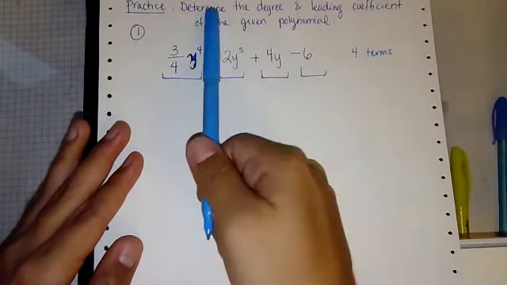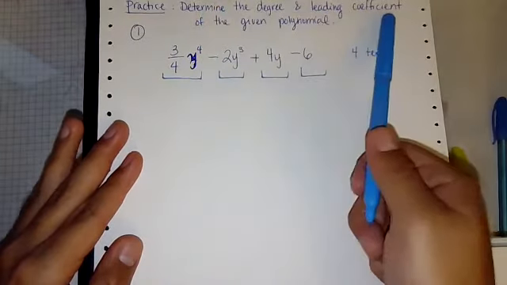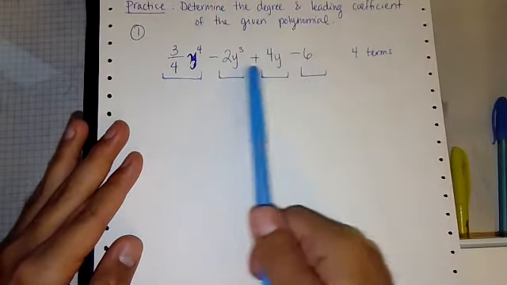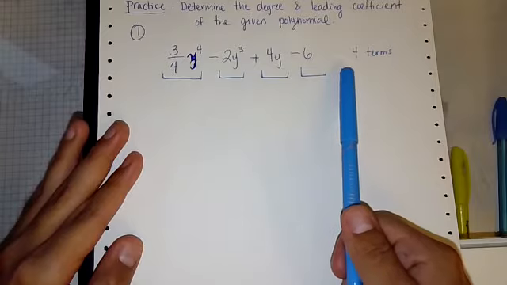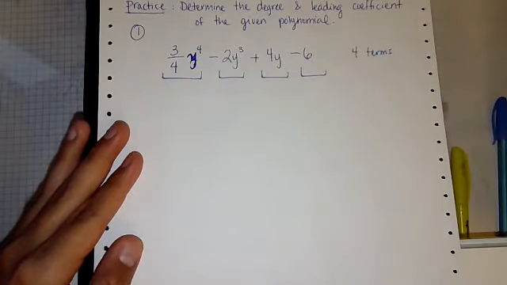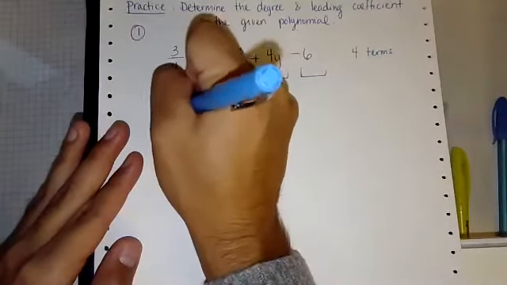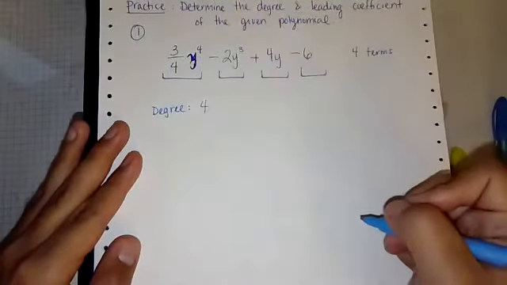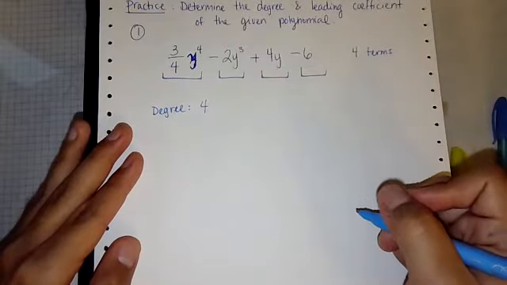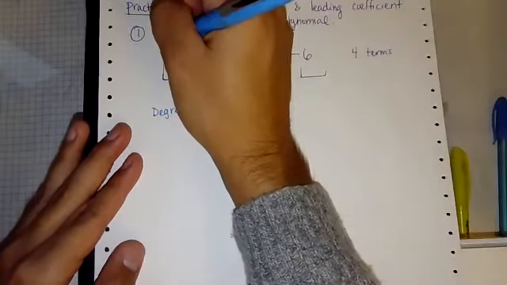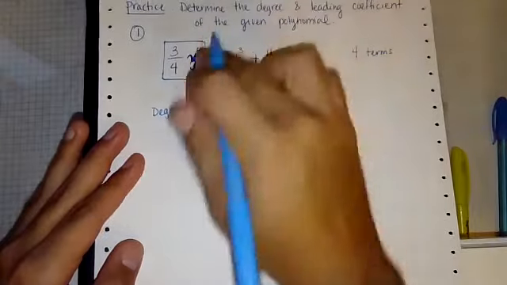But now we really want to just determine the degree and the leading coefficient. So what would be the degree of this 4-term polynomial? 4? Yeah, we would just say that the degree of this polynomial is 4. So that means that this term right here is our leading term.